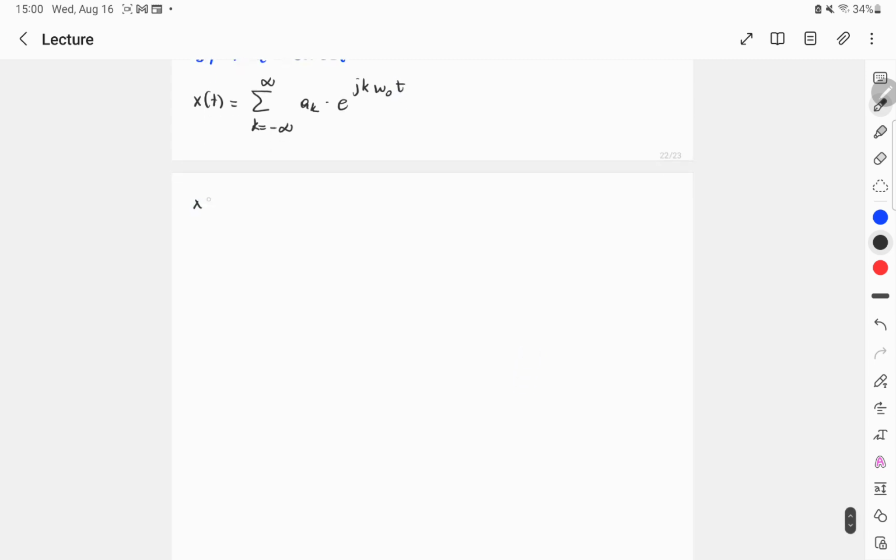And if we time reverse this and we say we are going to see x of minus t, we know that it will go a_k times, instead of t we will write minus t, so let me put it like this.